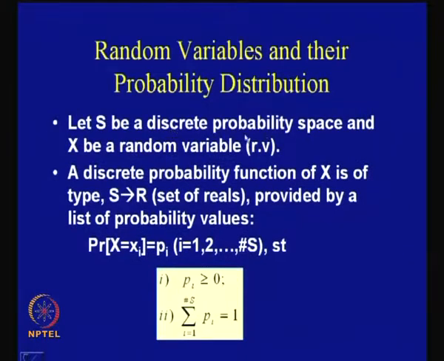Now, let S be a discrete probability space and X be a random variable, and we start assigning probability values for this random variable. What are the possible values X can take? It can take the value x1, x2, till x hash s.